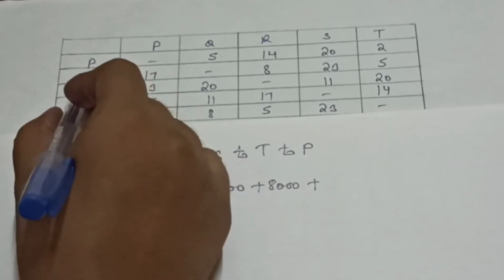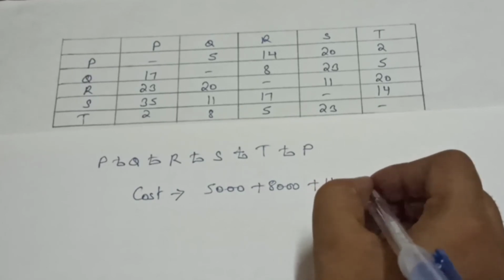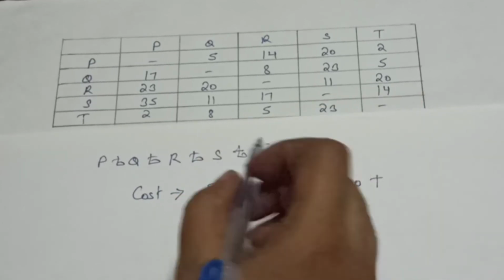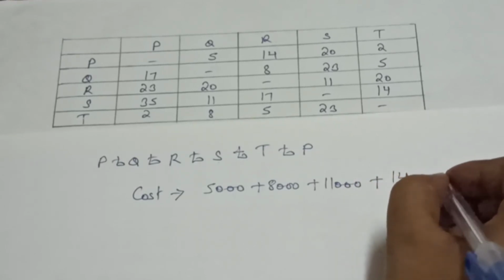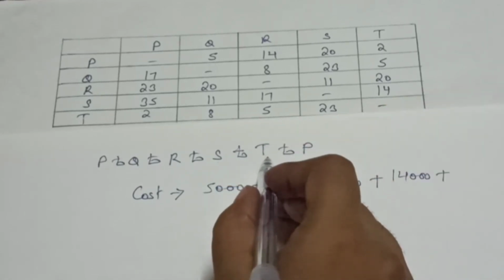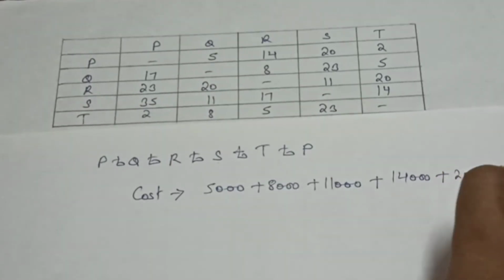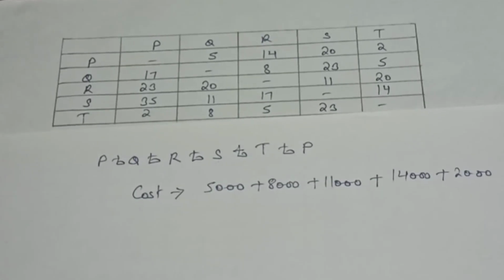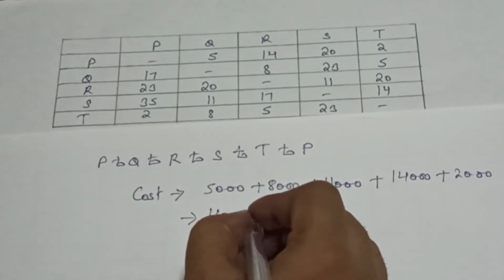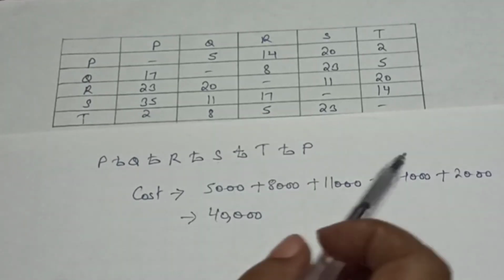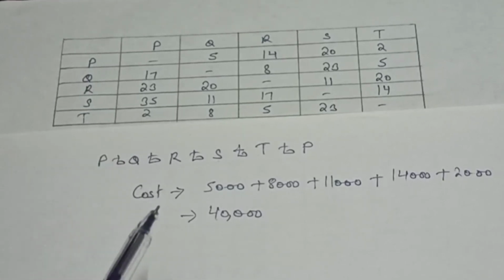For R to S, cost is 11,000. For S to T, cost is 14,000. For T to P, cost is 2,000. So we can say our total cost is 40,000. So this is our optimal solution, and this solution also satisfies the salesman problem.